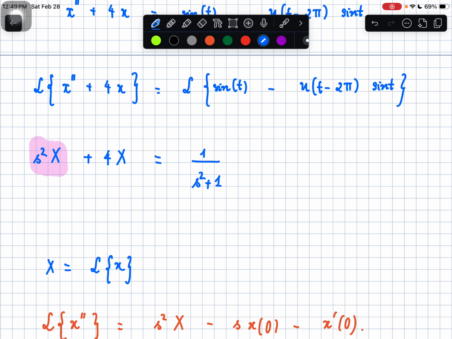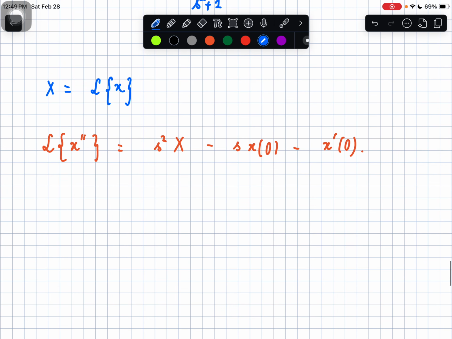For the Laplace transform of these terms, let me write out the formula separately. The Laplace transform of the function u(t minus a) f(t minus a), you can find in the Laplace transform table. You have e to the minus a times s, times big F of s.